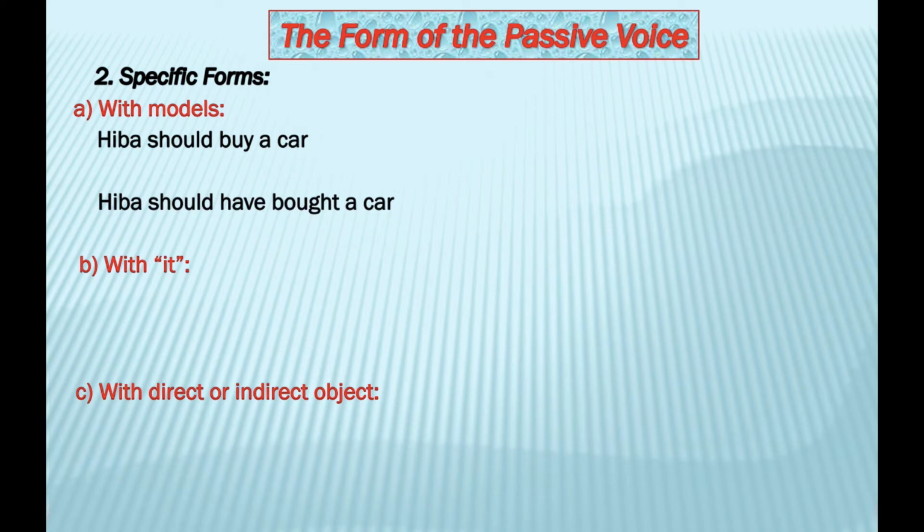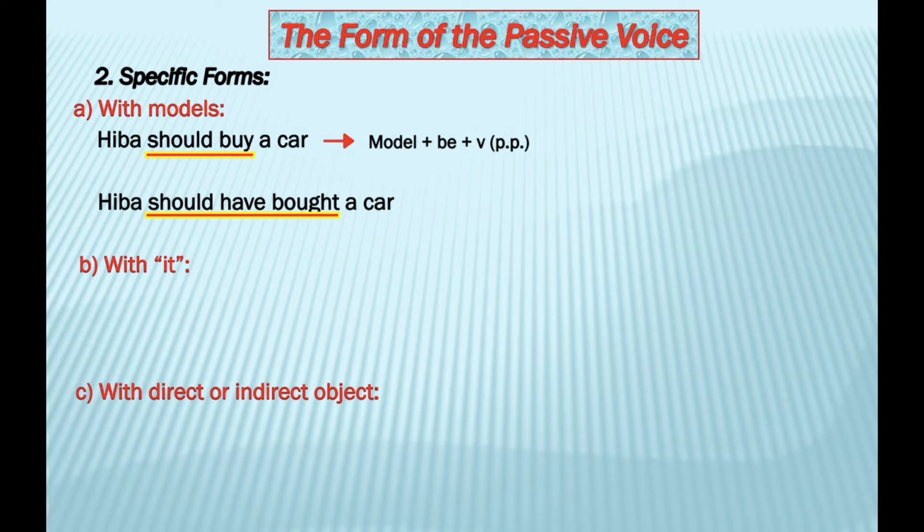Hiba should buy a car. Hiba should have bought a car. The first one is should plus verb infinitive, and the second is should plus have plus bought. So in the first one the form is verb infinitive, but in the second we have verb past participle as in the written one.